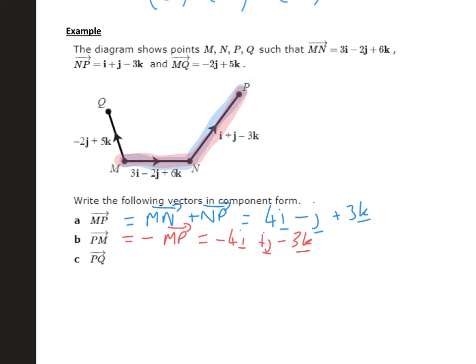And final one, P to Q. Well, P to Q, I can go P to M and then M to Q. So if I add them together, minus 4i plus no more i's is just minus 4i still. 1j minus 2j's is minus 1j, and minus 3k plus 5k's is plus 2k's. So it's minus 4i minus j plus 2k.